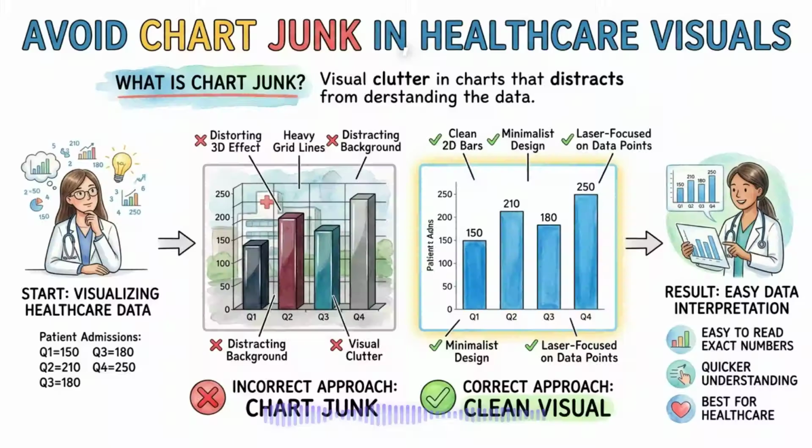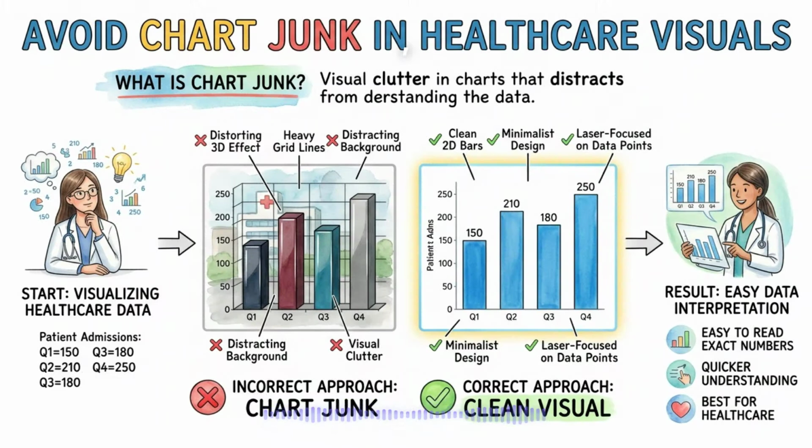One of the most important rules in data visualization is to completely eliminate what we call chart junk. Chart junk refers to any unnecessary visual clutter that does not actively help communicate the data, such as heavy grid lines, distracting background pictures, or complex three-dimensional effects.